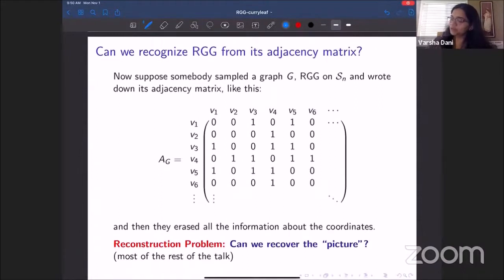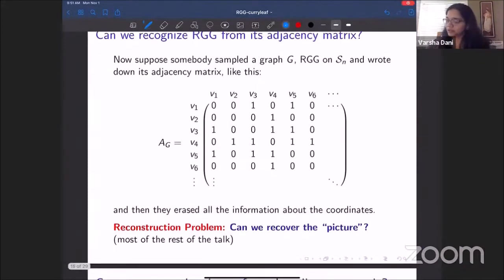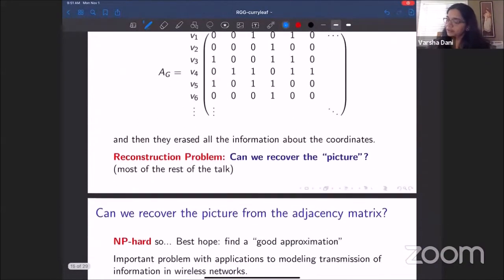And most of the rest of the talk is about the so-called reconstruction problem, namely, can we get back the picture from just this adjacency matrix information, just information about which vertex is adjacent to which other vertex?